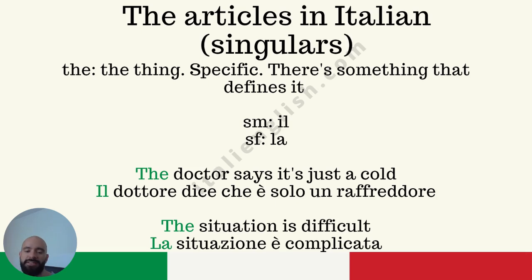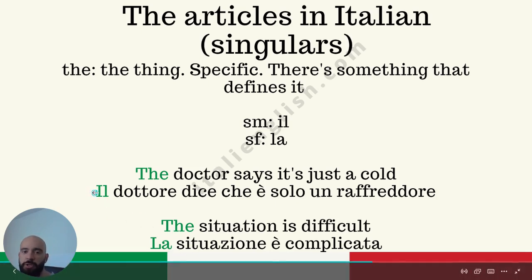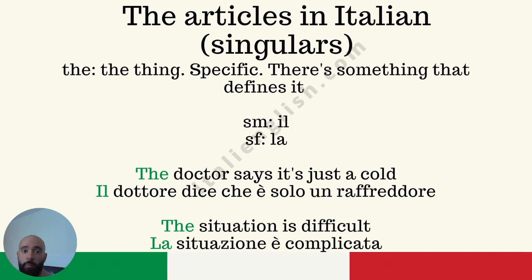No, but when we're saying the doctor, we are talking about our own doctor, probably. It's a specific one, okay? Like even here, this situation, not a generic situation, but this specific situation we are dealing with right now, a specific one. Overall, to simplify, when in English you use a or an, we go with un and una in singular. When we are dealing with the, pardon me, it's either il or la, according to general rules with singulars.